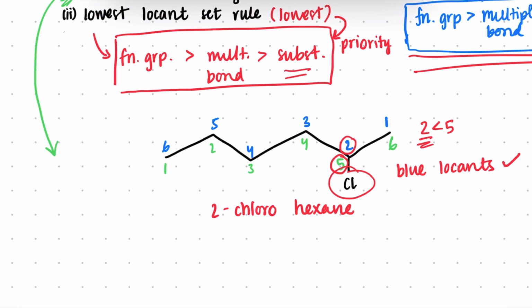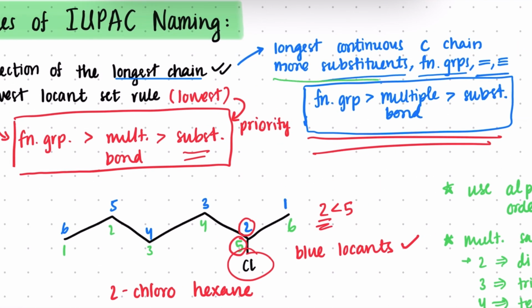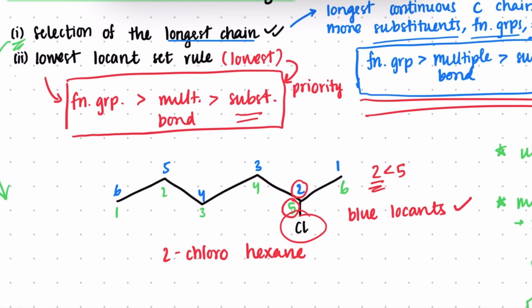But there's also another chain present in the compound but has multiple bonds or substituents or functional groups. Now, when that comes around, you have to choose the one with more groups attached to it, because that's our parent chain. The whole point of the parent chain is for it to have more substituents. Although you have to look for the longest continuous carbon chain, the substituents, functional groups, and double bonds, triple bonds also matter equally. So just remember that.